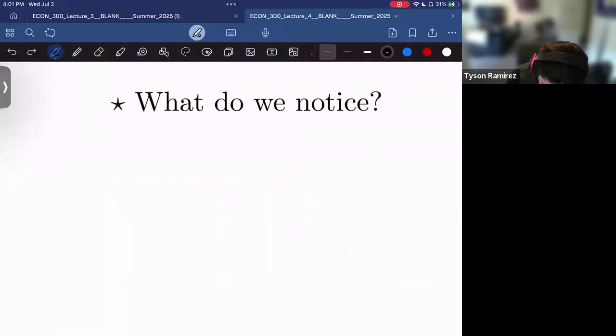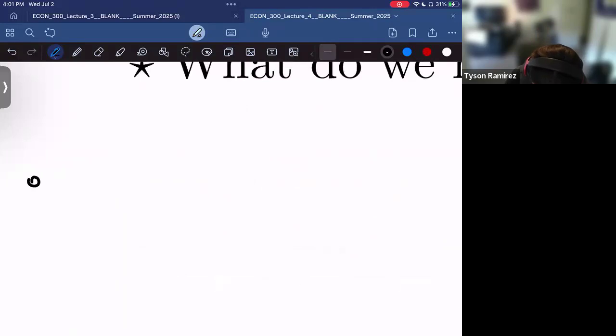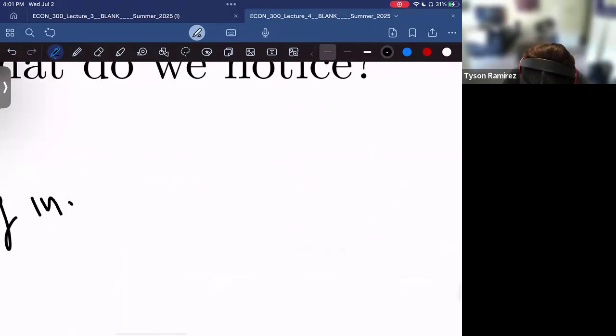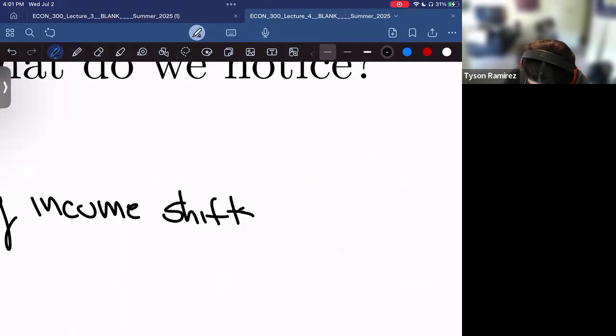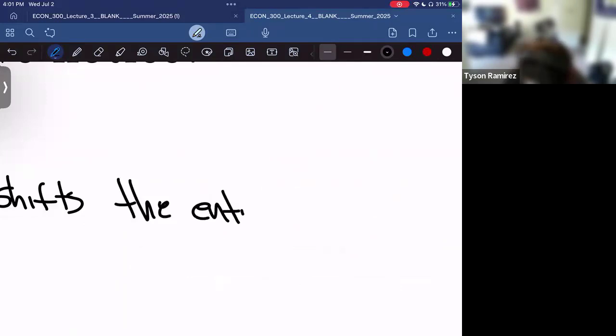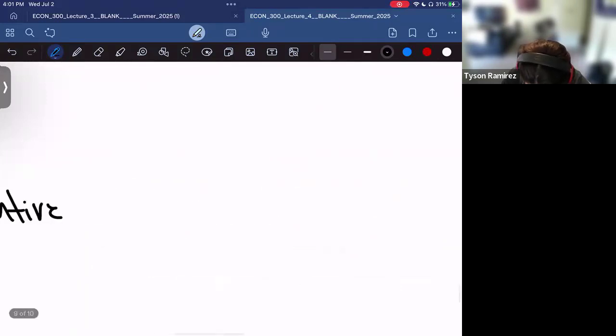What did we notice? We noticed that increasing income shifts the entire demand curve.